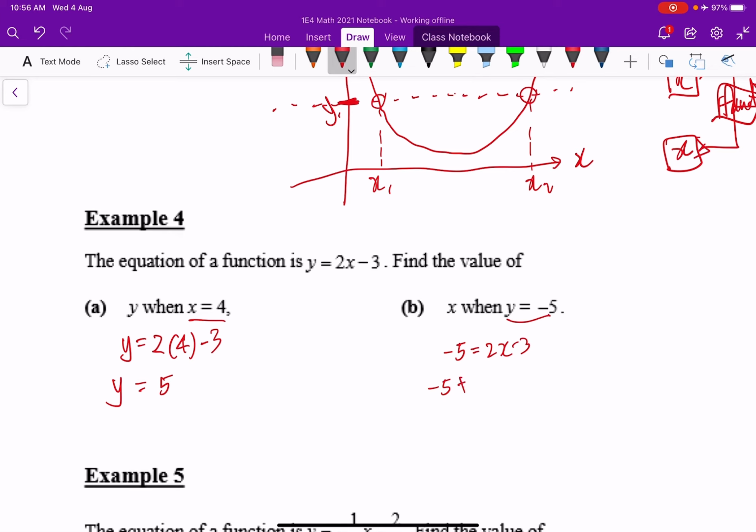Negative 5 plus 3 equals to 2x, because I have to plus 3 on both sides. Then I can cancel and cancel. So what I got here is 2x equals to negative 5 plus 3, which is negative 2. Then I divide by 2 on both sides. Cancel, cancel. I get that my x is equal to negative 1. That's how I got my answer.